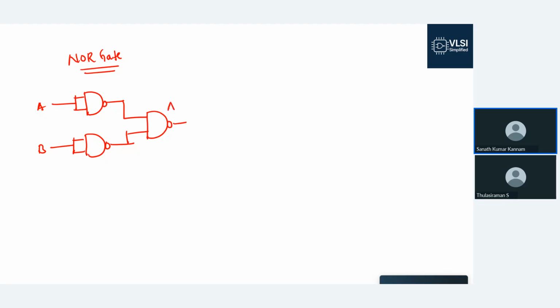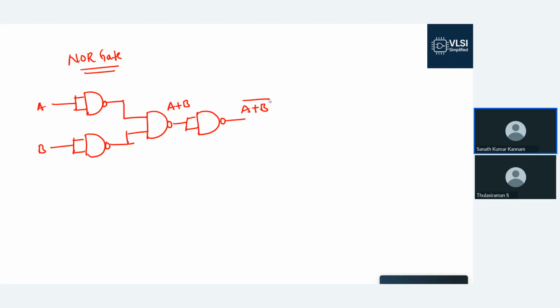Here what you are getting? A OR B. These inputs are tied together and given to one more NAND gate. We are getting the NOR gate, A OR B whole bar. So like this you can implement a NOR gate. And next, the XOR gate, how to implement?